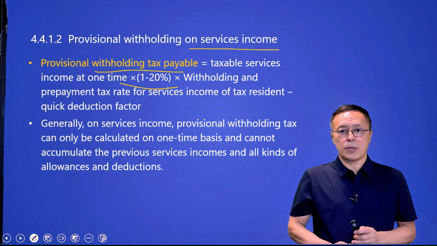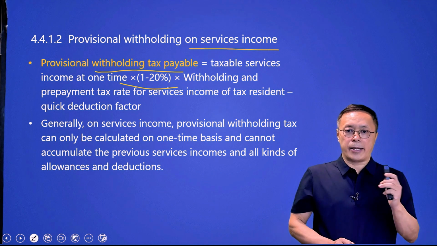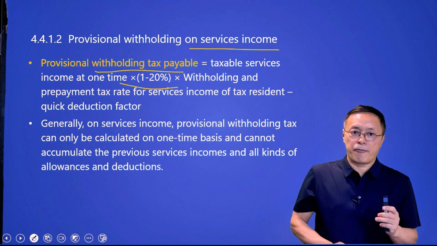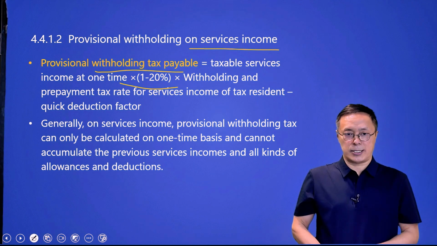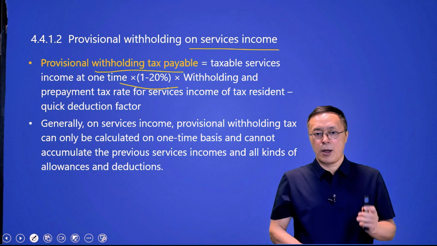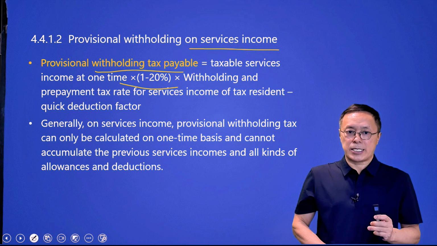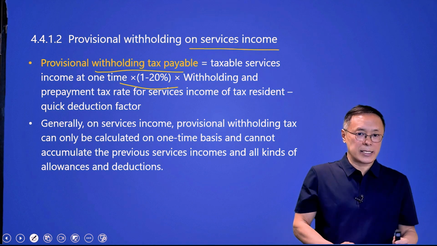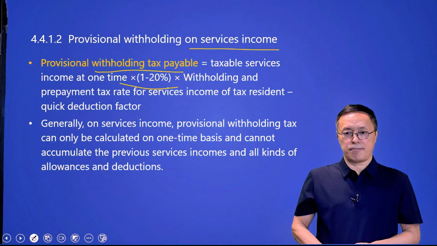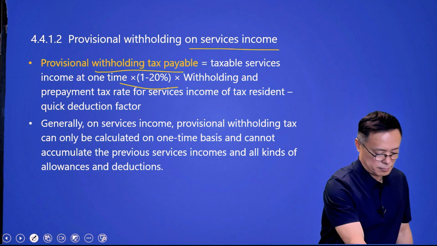Generally, on services income, provisional withholding tax can only be calculated on a one-time basis and cannot accumulate the previous services incomes and all kinds of allowances and deductions. However, for three types of resident taxpayers who continuously receive remuneration of personal services every month, they can make these deductions on a month basis. What are these three types of people? We won't talk about it further in this lecture.